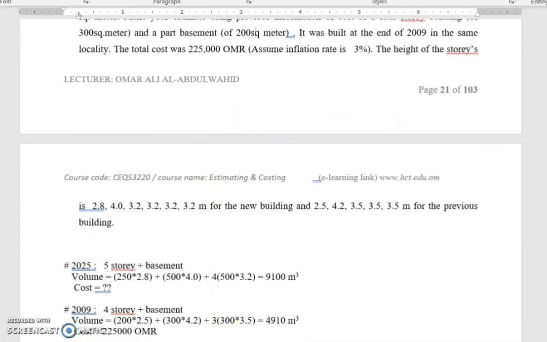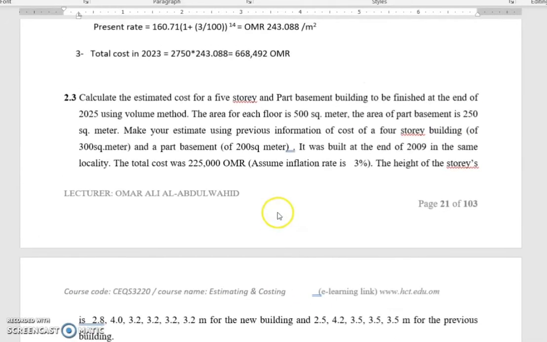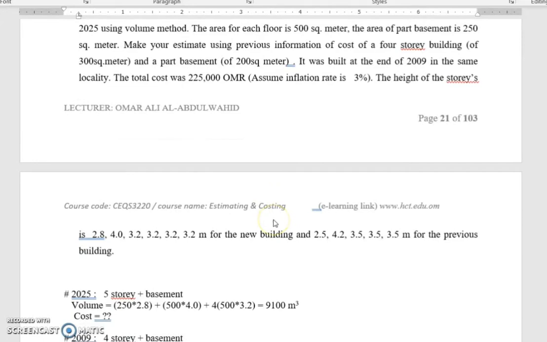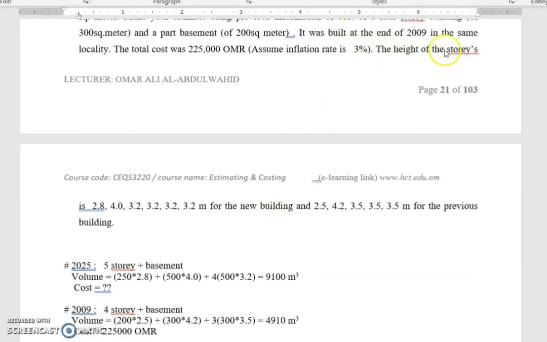Because here we have the height of the stories as 2.8, 4, 3.2, 3.2, 3.2, 3.2 respectively for the new building, and 2.5, 4.2, 3.5, 3.5, 3.5 meters for the previous building.